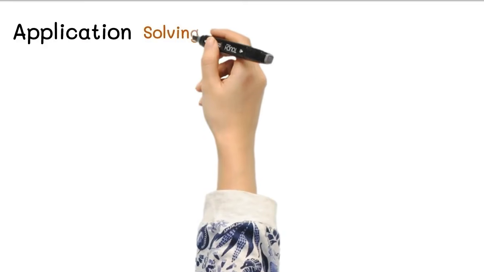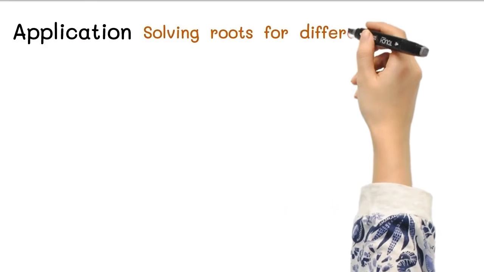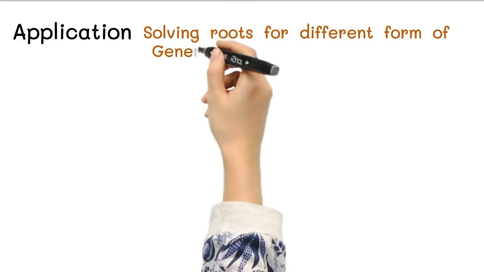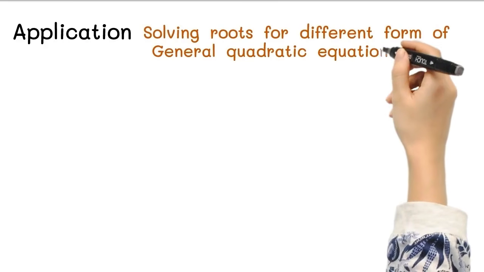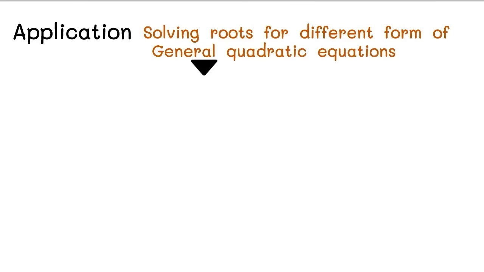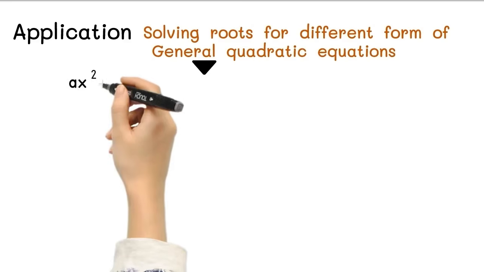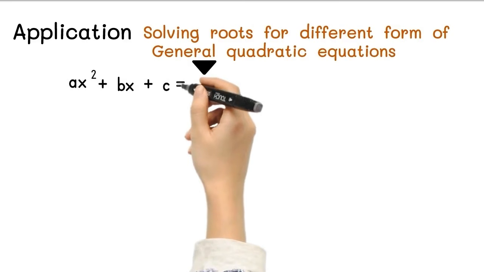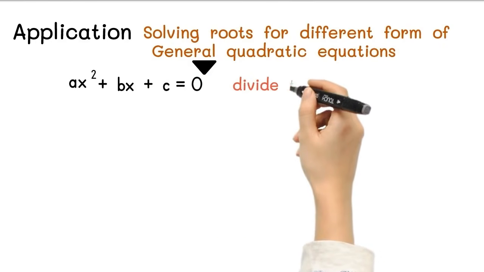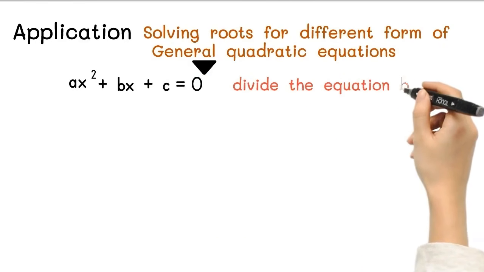Application. This sutra is used in solving roots for different forms of general quadratic equations. Let's take the general form of a quadratic equation, which is ax square plus bx plus c equals 0. Now, divide the given equation by a.